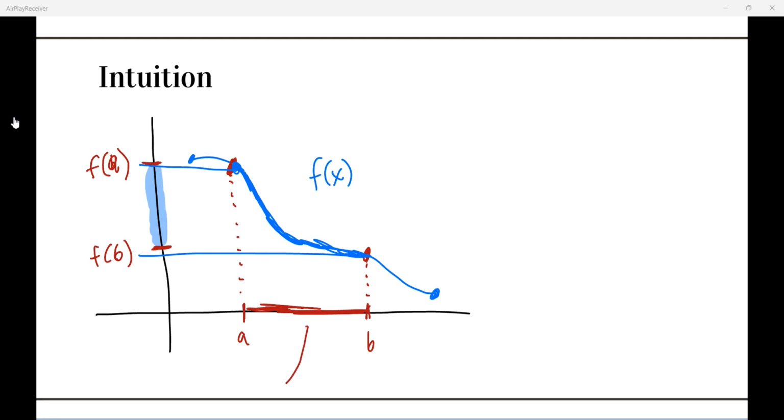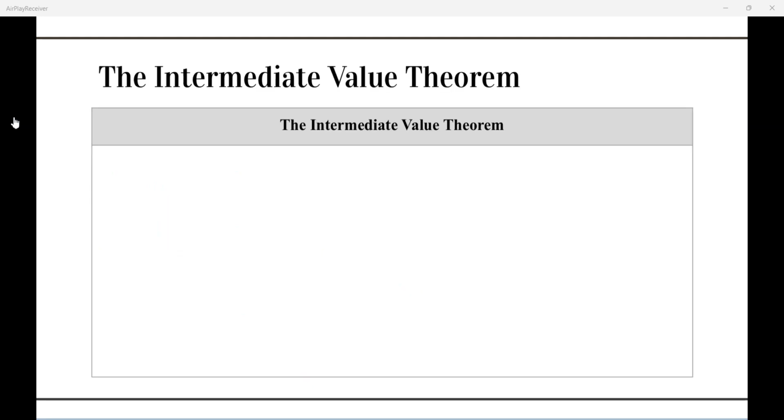So we're able to find some number between a and b that we can plug into f that's going to equal every single y value within that range between f of a and f of b. And that's really because the function is continuous and defined between a and b. So this is what we call the intermediate value theorem.